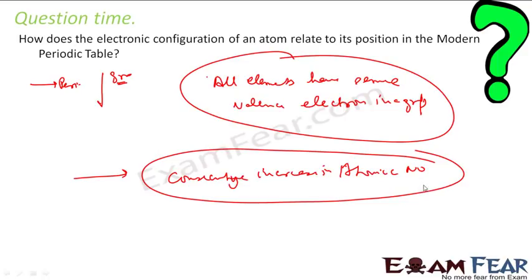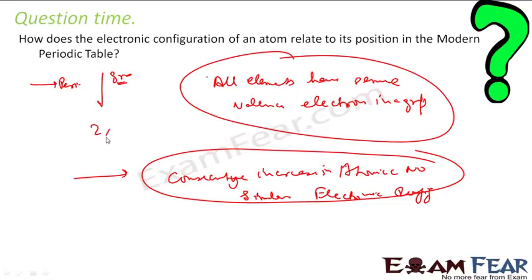So in both cases, the electronic configuration matters, correct? And they have similar electronic configuration. Based on electronic configuration, you can tell the position of an element.